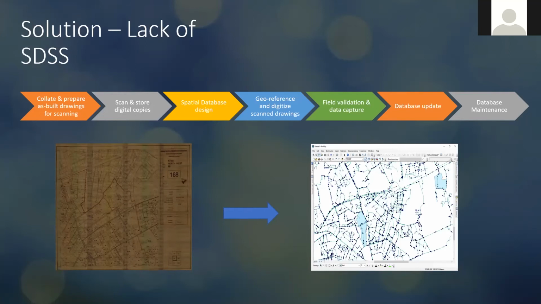The scanned images then went through a process of georeferencing, especially those that had grids on them. That way, it was a lot easier to georeference them. And then we did on-screen digitizing to vectorize the images that we had in the system.